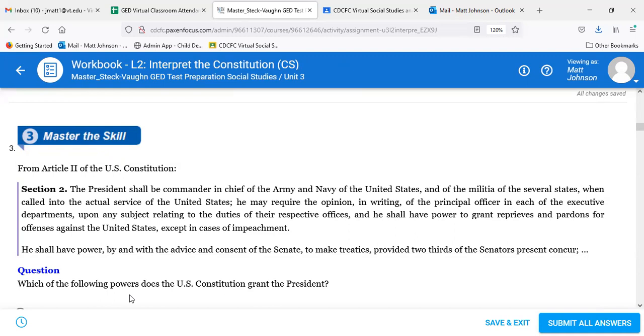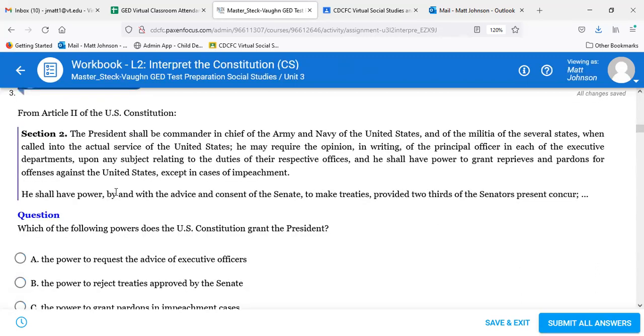And he shall have power to grant reprieves and pardons for offenses against the United States, except in cases of impeachment. He shall have power, by and with the advice and consent of the Senate, to make treaties, provided two-thirds of the senators present concur. And I'm not going to say anything else, and we'll go into question 3.